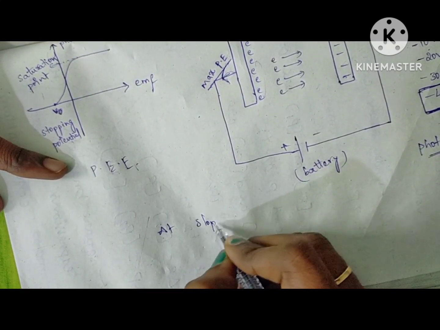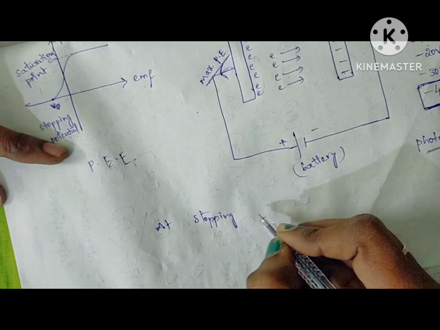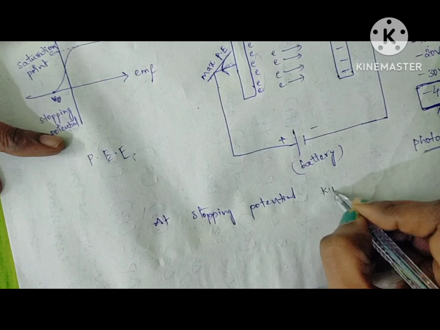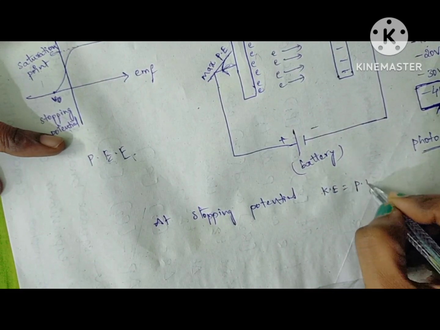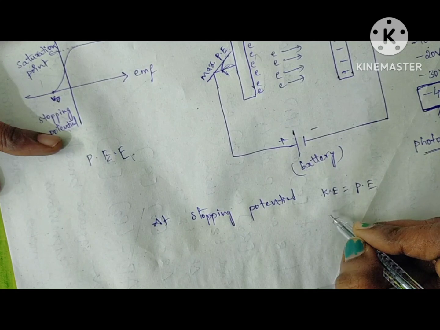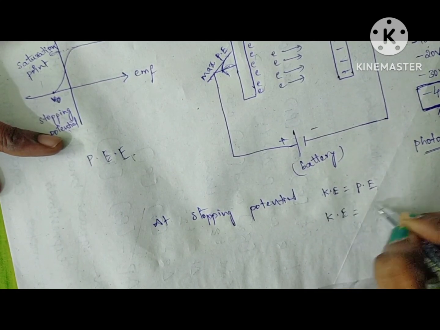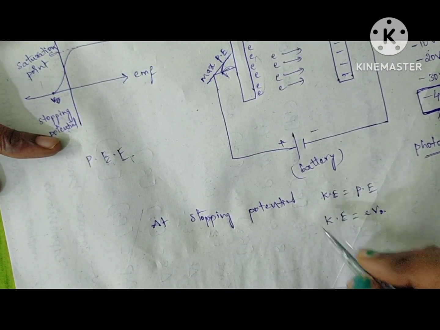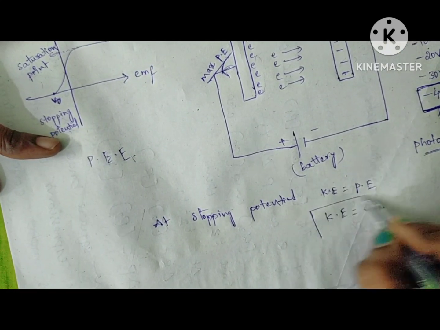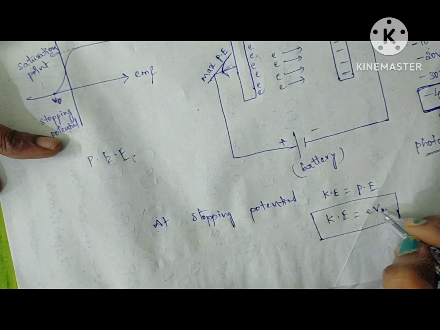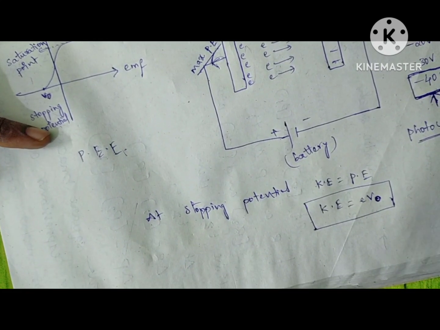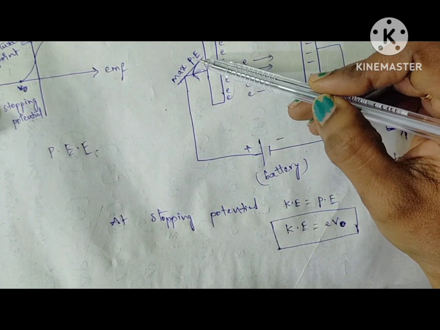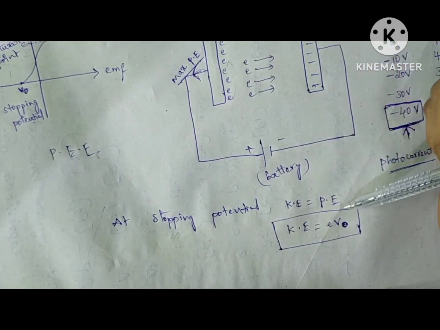At stopping potential, kinetic energy is converted into potential energy. So kinetic energy here is in electron volts 0. This is the formula of kinetic energy in terms of stopping potential. So at stopping potential kinetic energy is called potential energy.